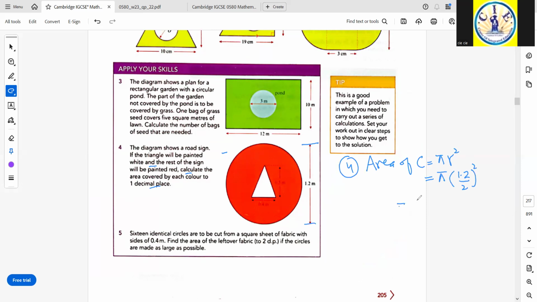So this will be pi times 0.6 squared, which is 1.1309. And since we need to have the answer to one decimal place, it will be 1.1 meter squared.